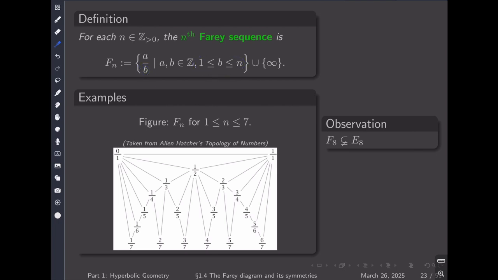And a priori I don't even say that this one has to be reduced, but that's irrelevant, because if it can be written like this with positive denominator smaller or equal than n, then its reduced expression also can be written that way. So it's irrelevant in this definition.